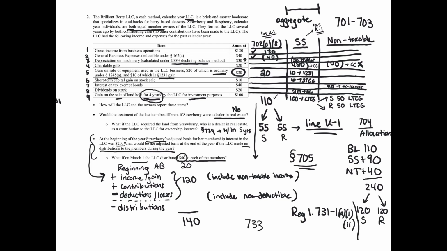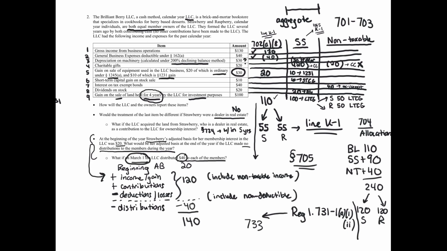So what I'm saying is, yes, March 1st is when the distribution takes place, but under Reg 1.731-1(a)(1)(ii), we can still do the 120 that happened during the entire year, this 120 that we allocated from the income and deductions from the activity, right? And we can do the distribution then after.